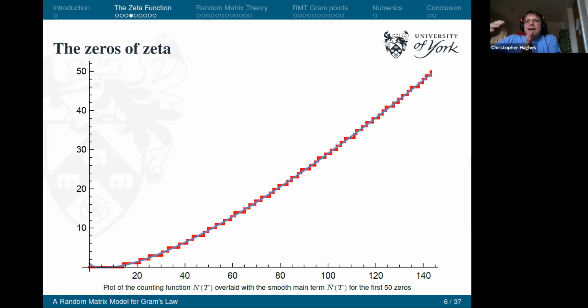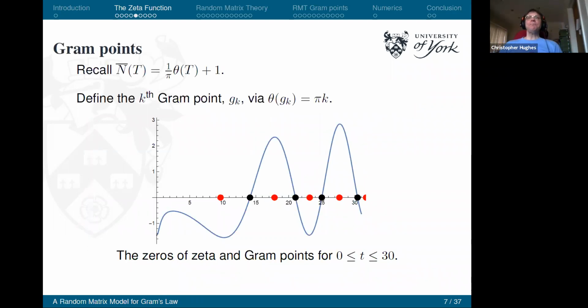If I find where it equals 100 and where it equals 101, well, that's much easier to calculate. And somewhere between that, it'll be a reasonably good guess. You might see the 101st zero. And that's exactly what happens.